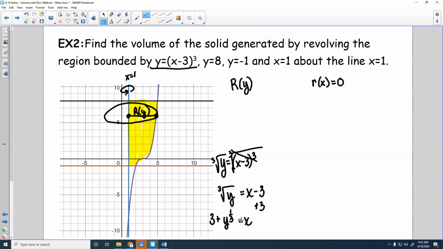But you can do a cube root if you would rather. So this purple line right here in terms of y is 3 plus y to the 1/3, or y to the 1/3 plus 3, whichever way you want to write it. And the blue line right here is x equals 1.